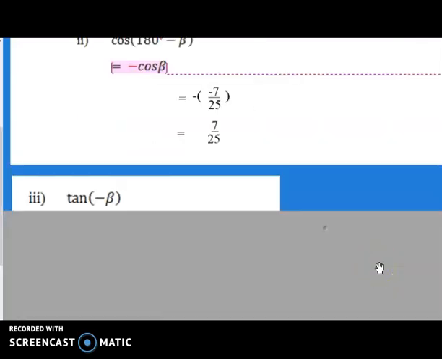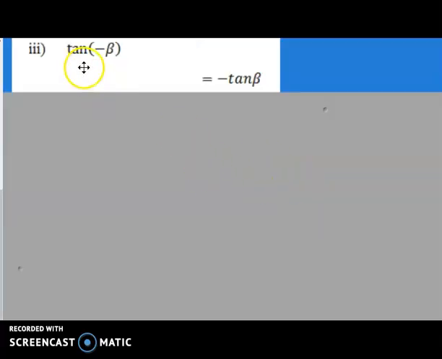Maybe when we do this sum now, you will see how this becomes evident in other cases as well. Tan of negative beta. I rewrite this firstly. The tan of a negative angle is negative tan of that angle. So I write it as negative tan beta. Now if I go to the sketch, I will find that tan of beta is the opposite side, which is positive 24, over the adjacent side, which is negative 7.